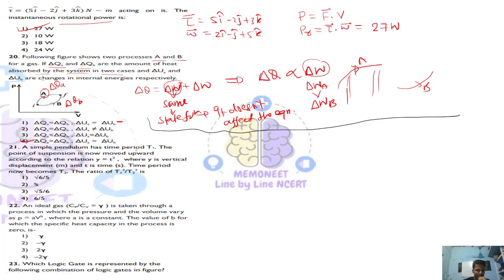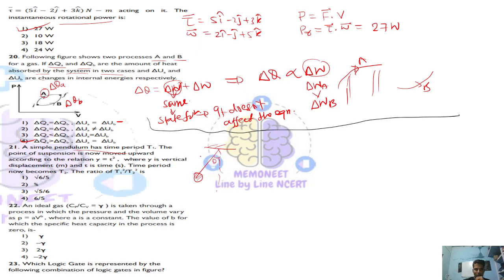Okay, let's move to the next question, question number 21. We have a simple pendulum with time period T1.